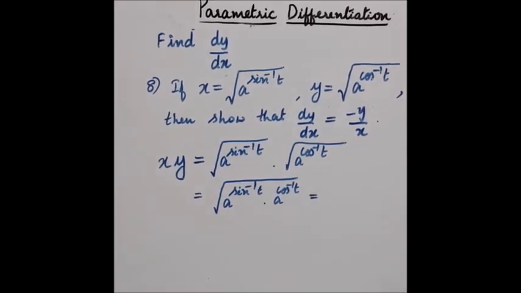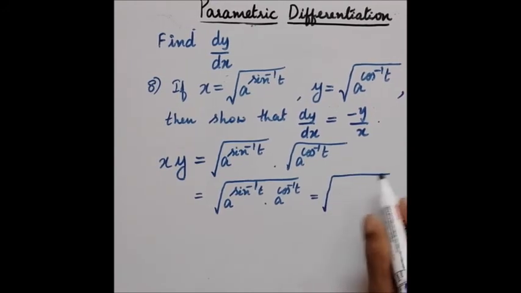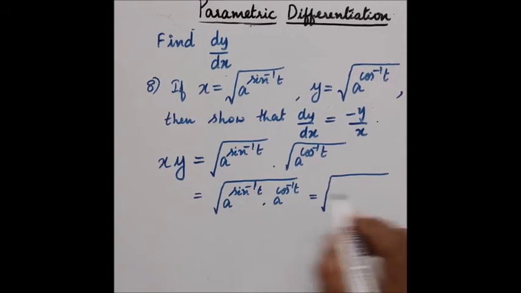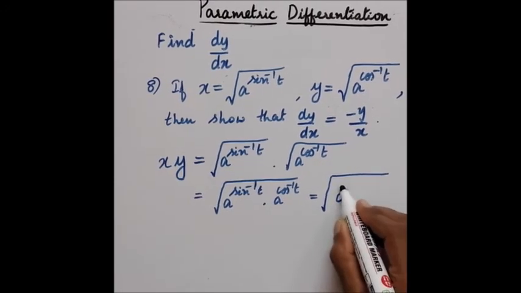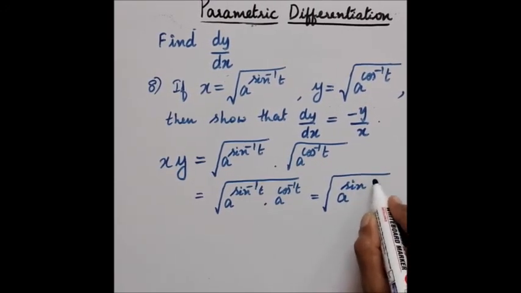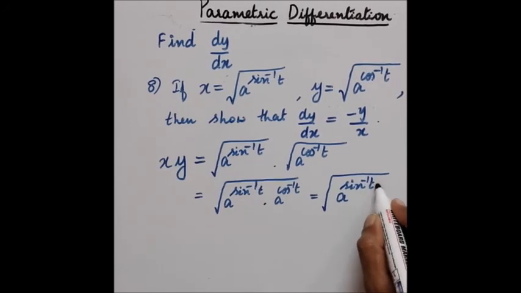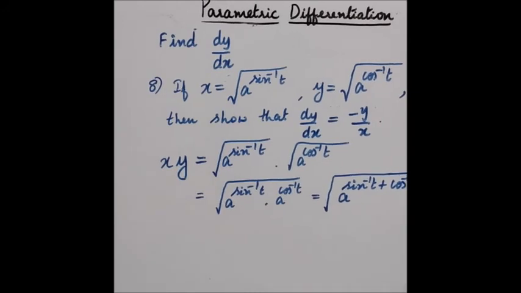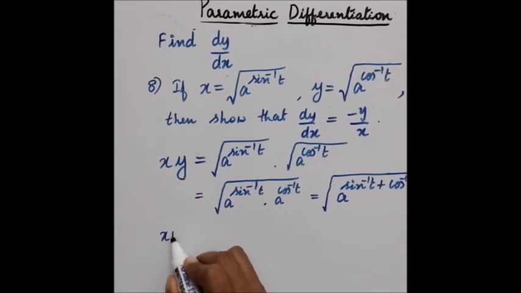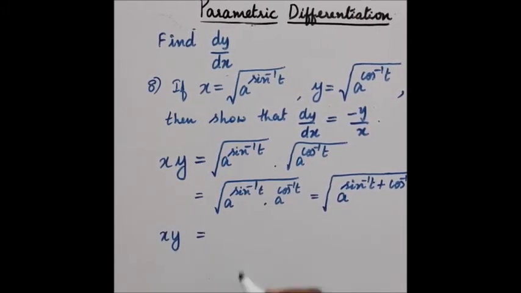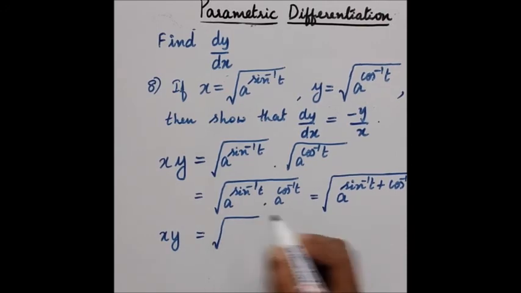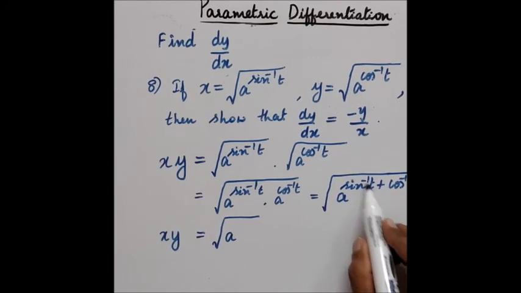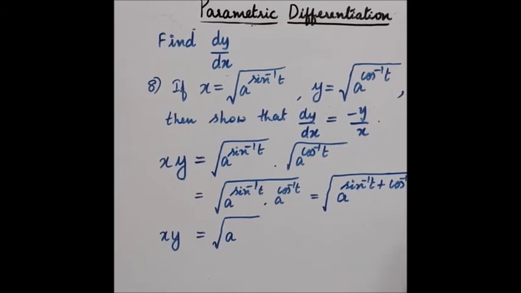That is root of multiplication of two indices, the same way is done by adding the powers. So root of a to the power sine inverse t plus cos inverse t. So x into y is equal to square root of a to the power. What is the sine inverse t plus cos inverse t?